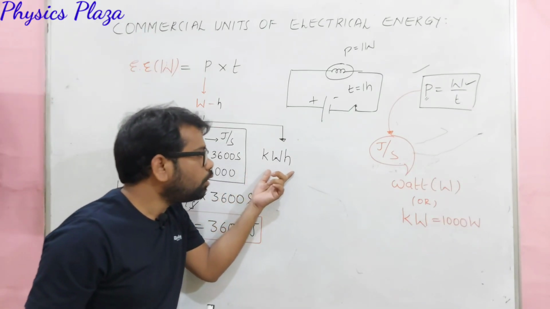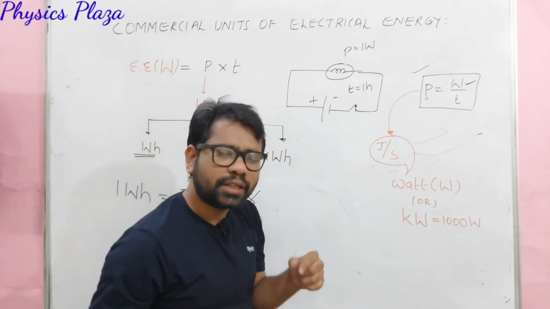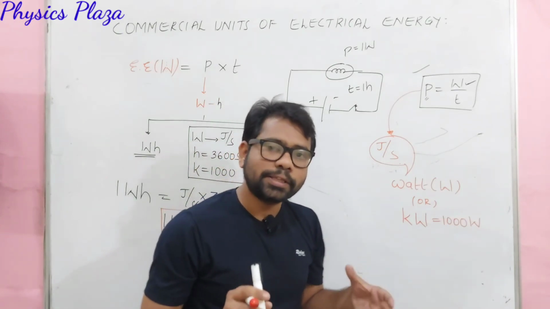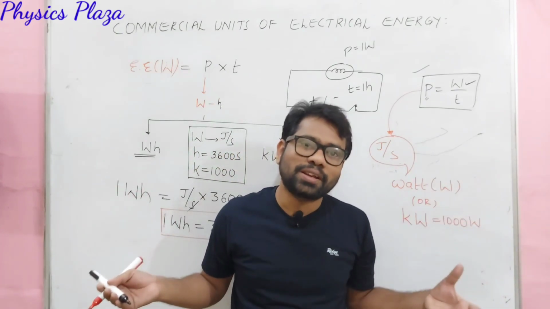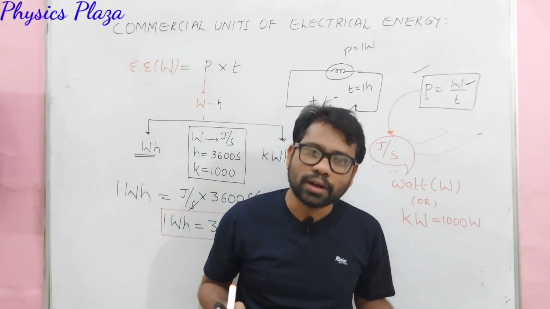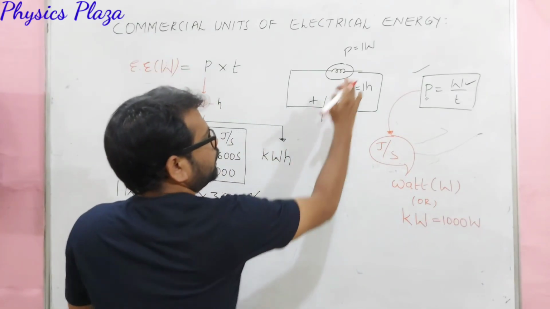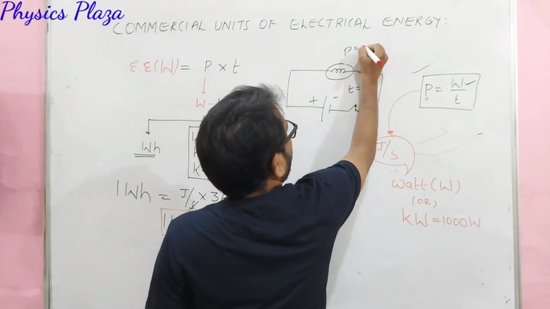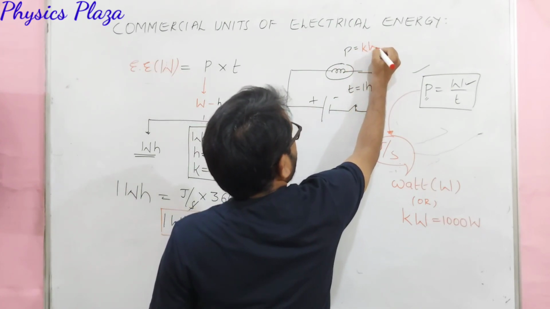Now come back to the kilowatt hour. First, how to calculate the kilowatt hour? Let us take one huge electric appliance, a geyser, which usually has more power. For example, a geyser of power 1 kilowatt. Try to understand it, children.